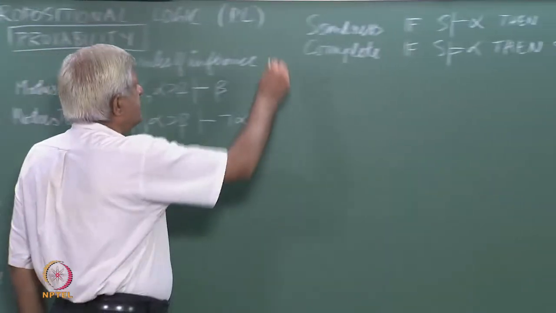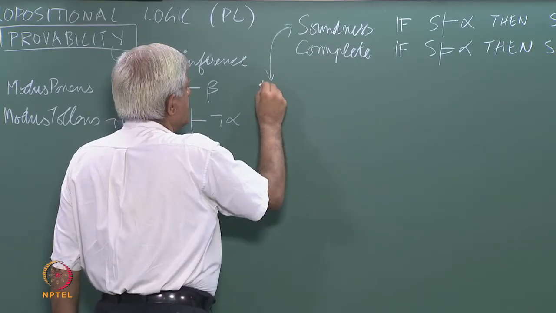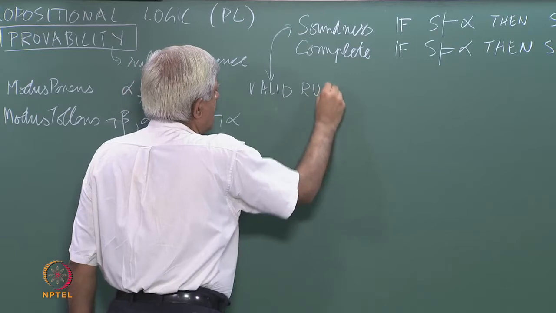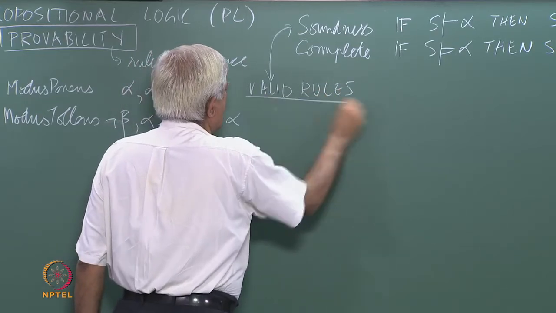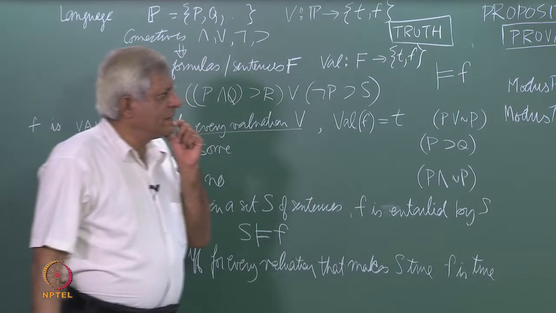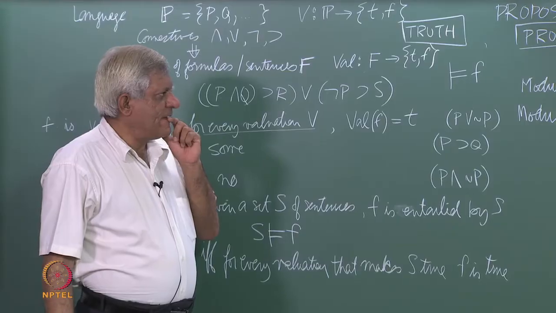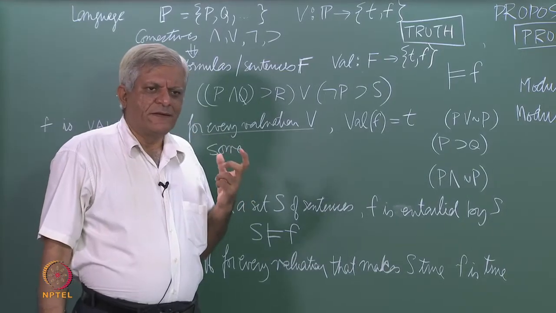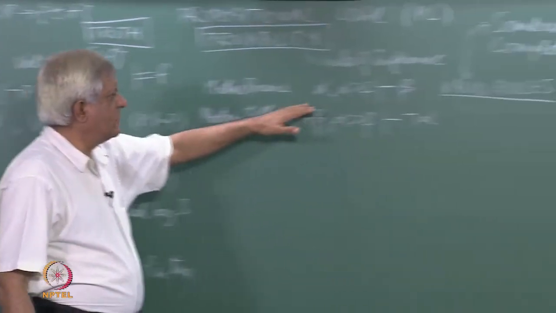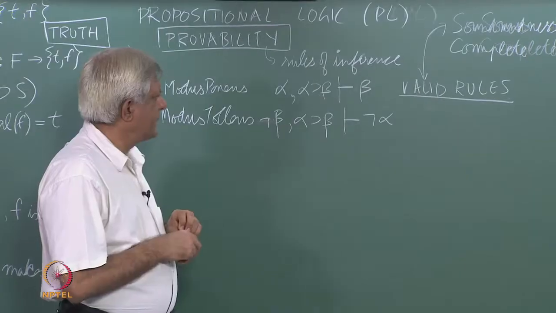So, soundness is tied up to valid rules. A rule is valid if it entails the right hand side. So, a rule like this is valid if this and this actually entail beta essentially.